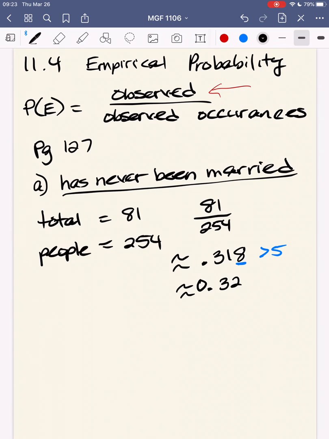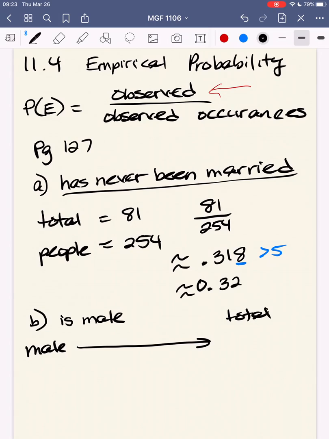Now we want to look at male. They didn't say anything else. We want to know the number of people that are male. So male has a row that goes straight across. I want to go to the total of that male row, and I have 123. The total population is still 254. That hasn't changed.